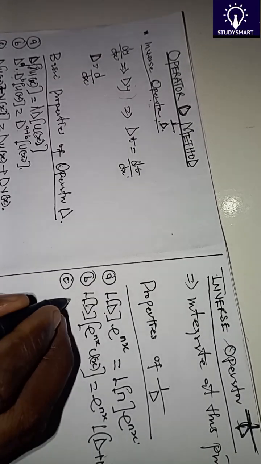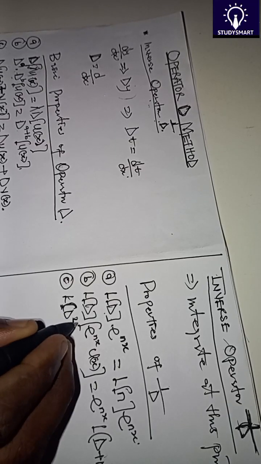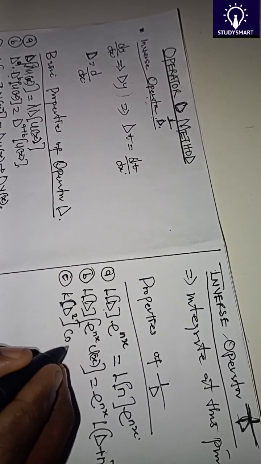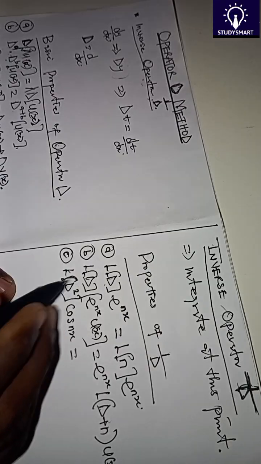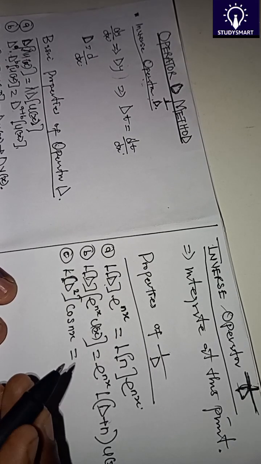So the next property, we are going to be taking examples in order for us to illustrate this. If I have L into D squared, maybe cos nx here, I'm going to be replacing D squared here by minus n squared.